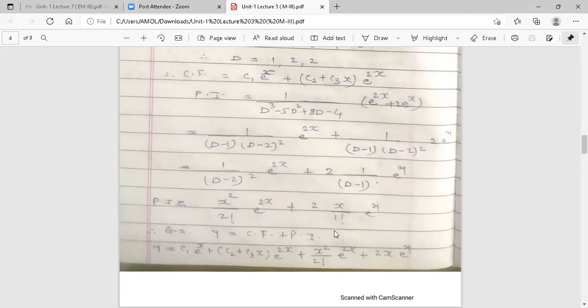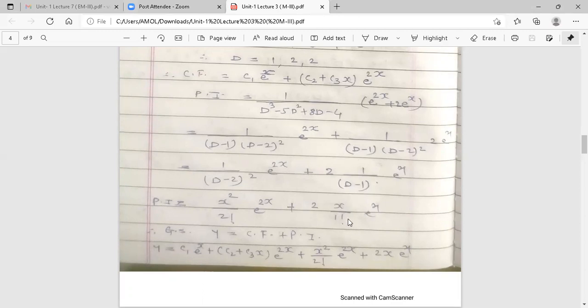Or you may use the same formula, 1 upon (D − a)^r e^(ax). The factor is 1, the coefficient is 1, and the value of r is here 1. So x¹ upon 1 factorial into e^x.